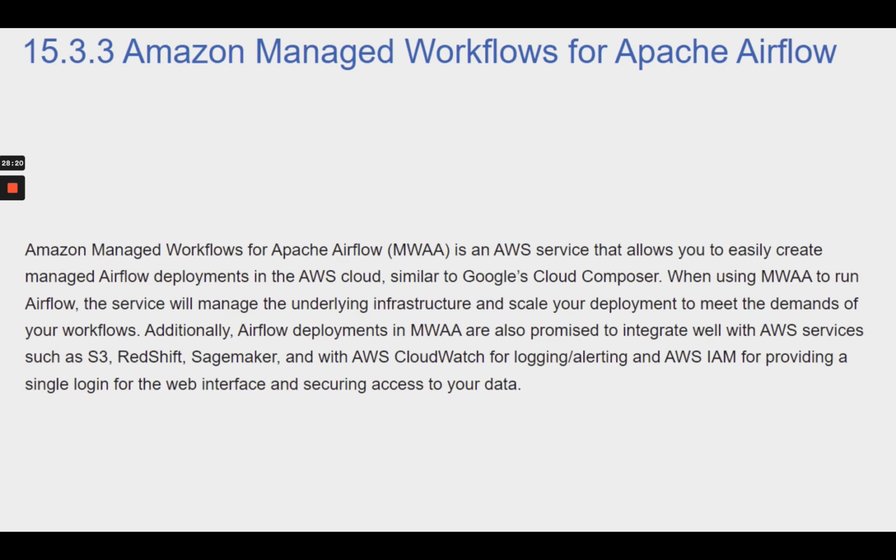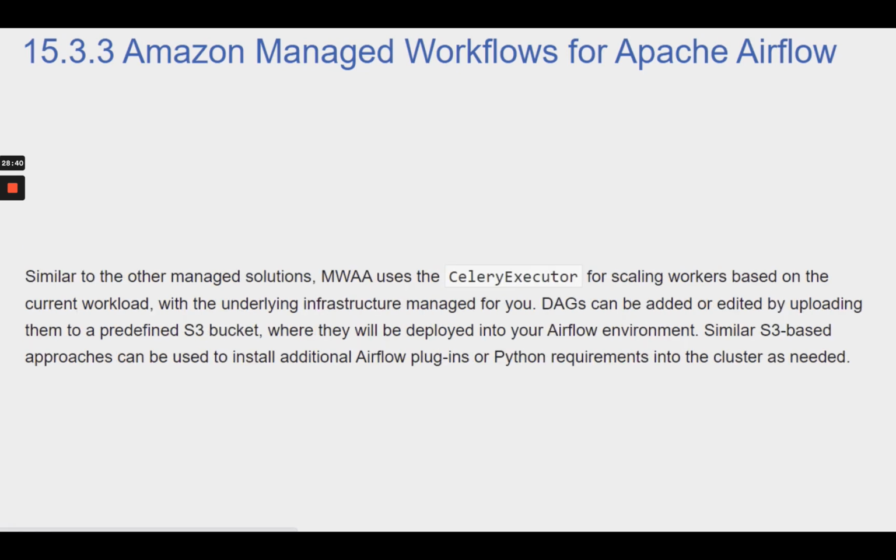Additionally, Airflow deployments in MWAA are also promised to integrate well with AWS services, such as S3, Redshift, SageMaker, and with AWS CloudWatch for logging, alerting, and AWS IAM for providing a single login for the web interface and securing access to your data.